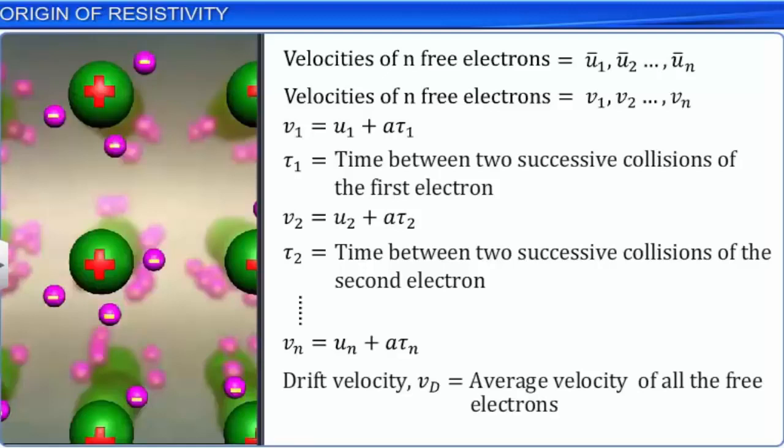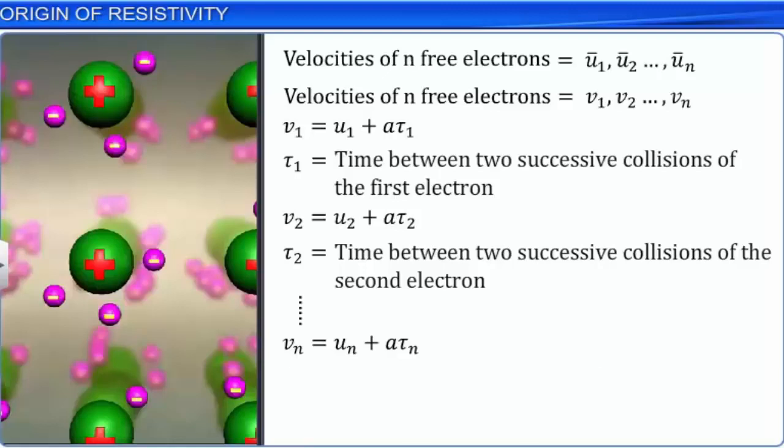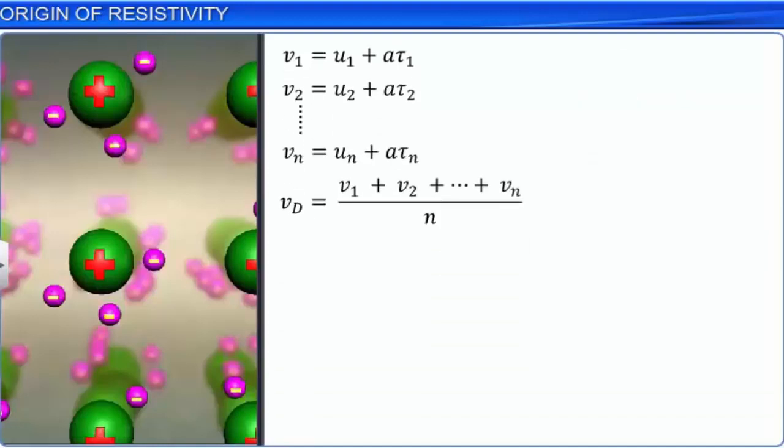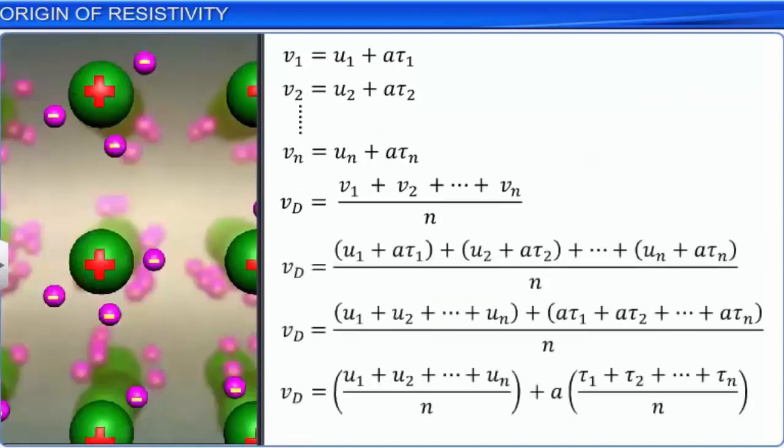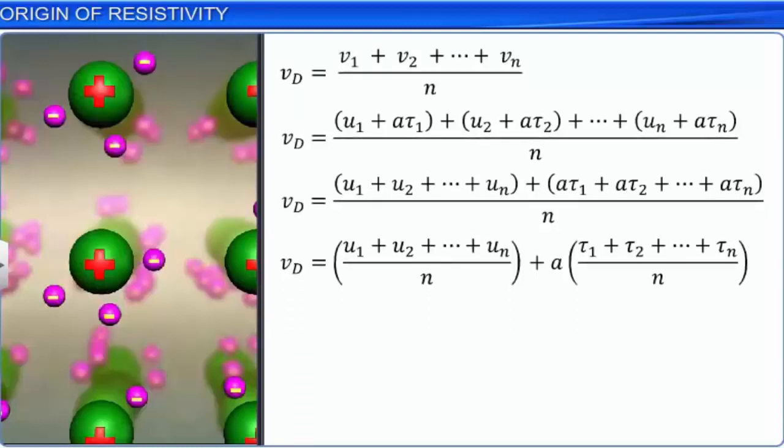Hence, vd is equal to v1 plus v2 plus so on plus vn divided by n. Substituting the expressions for v1, v2, and so on till vn in the expression for vd and simplifying, we get vd is equal to u plus a into tau.